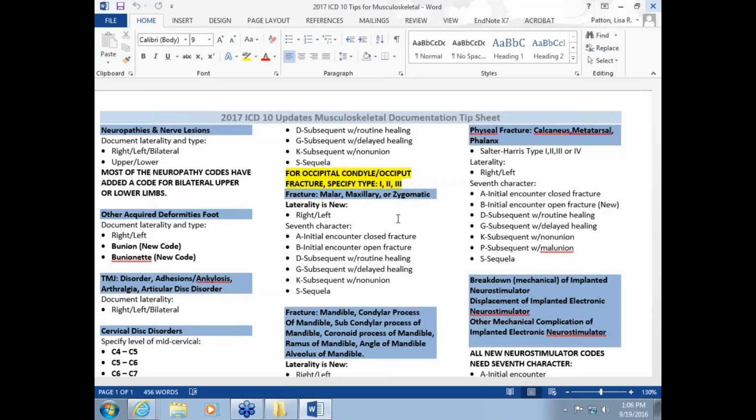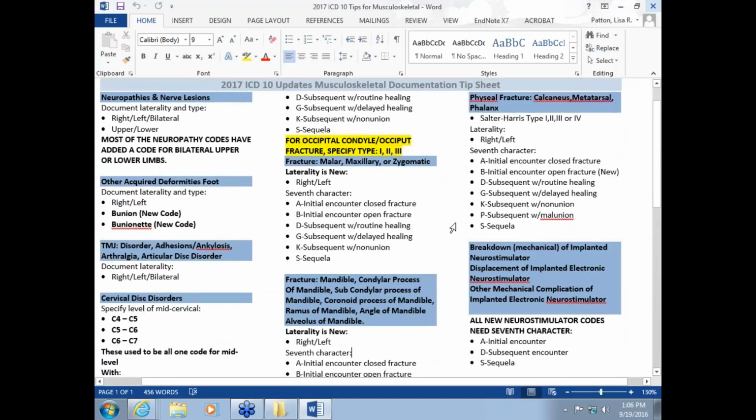You have to specify the type 1, 2, 3, or 4. It's still the same laterality and it's still the 7-digit codes. Your doctors will get training on this too, but we just want the coders to be aware that these are new codes coming out so we can watch and make sure that they're getting this too.